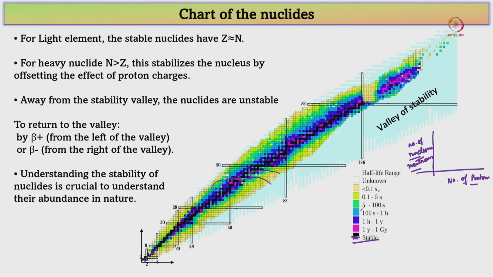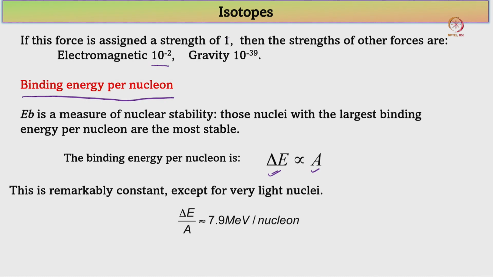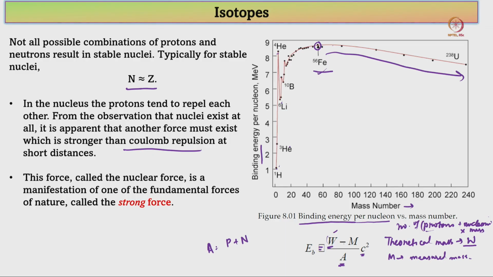So, we have to understand the stability of these nuclides to understand why certain elements are more abundant and why certain elements are less abundant. As you can see from this figure, iron is one of the most stable elements.